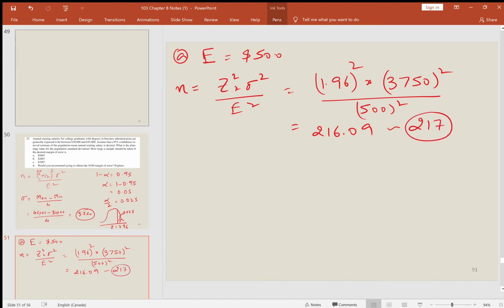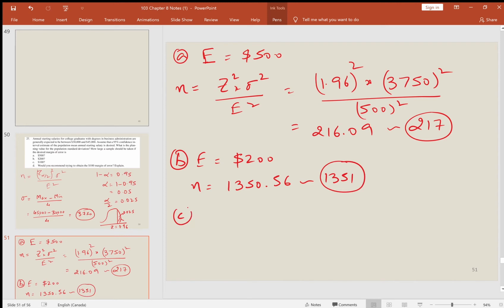Okay, so in part B, the desired margin of error is now reduced to $200, and using the same formula you should get a sample size n equals 1350.56, which we round up to 1351.